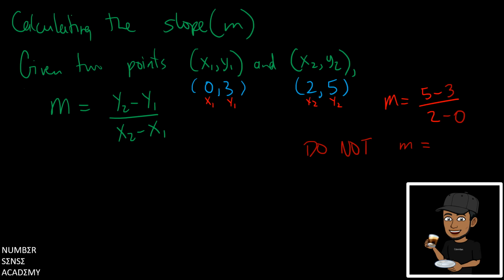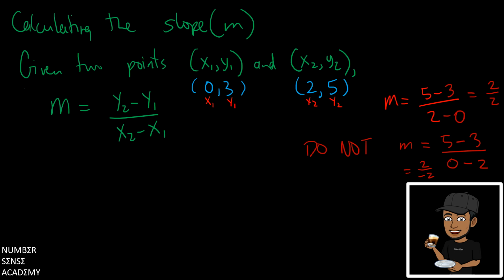So you're not going to go 5 minus 3 over 0 minus 2. These are not equal. As you can already see, here you end up with 2 over 2, and on the bottom you end up with 2 over negative 2. These are not the same. These slopes are going in different directions. So do not do this. Be very clear that you get your labeling correct.